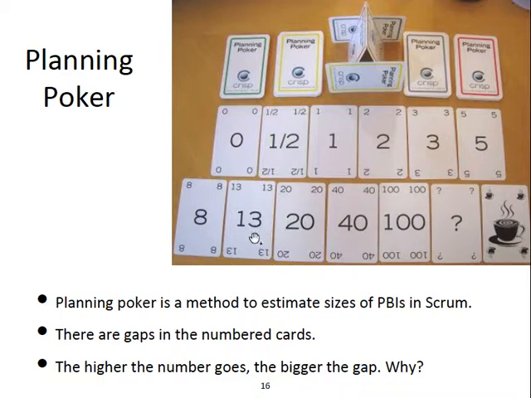But there may be another situation, where the guy who picked 2 is a very smart guy, and he can think of a very simple way to do things. So maybe his estimate of 2 is better.